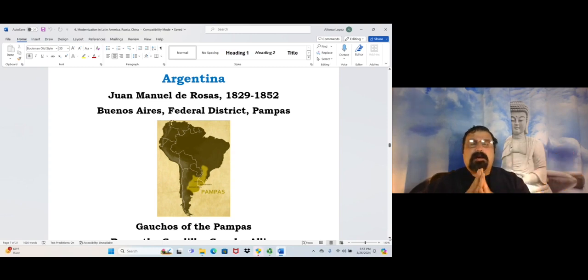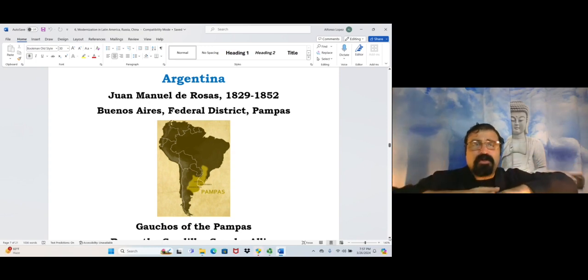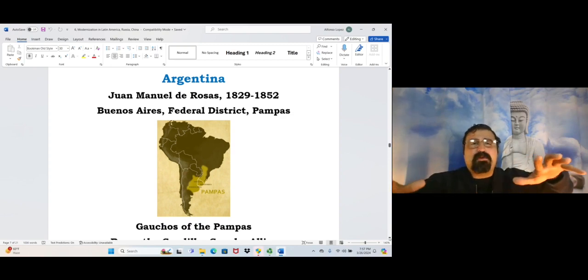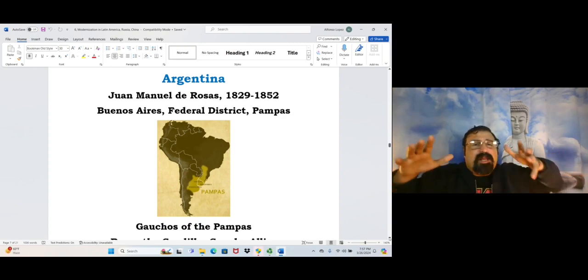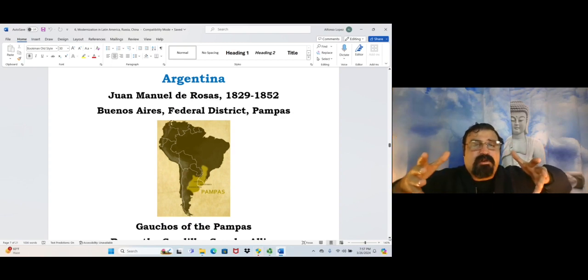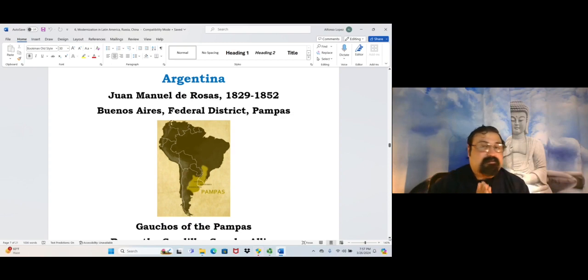We see, for example, in Argentina, Juan Manuel de Rosas, who really seized control of that country from 1829 to 1852. In the city of Buenos Aires, which was really the capital city, around that city stood a large domain, this federal district, that really constituted what the country of Argentina came to be known as in the early 19th century.